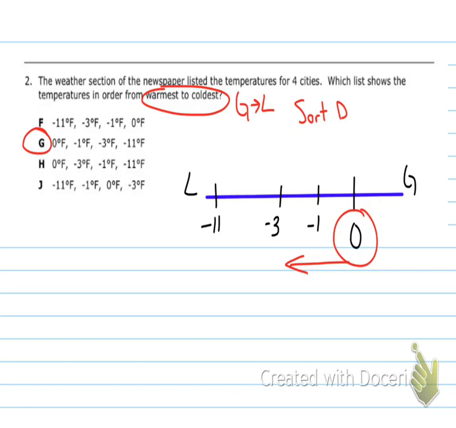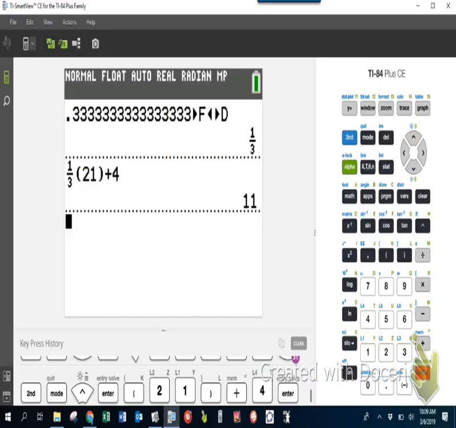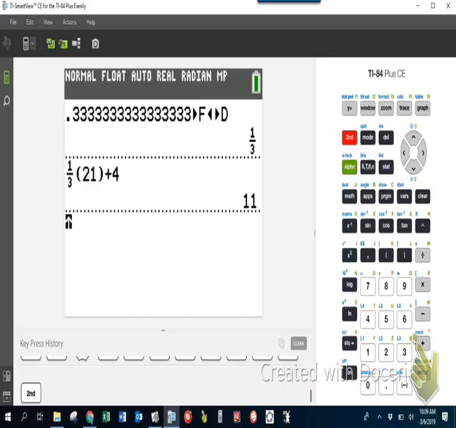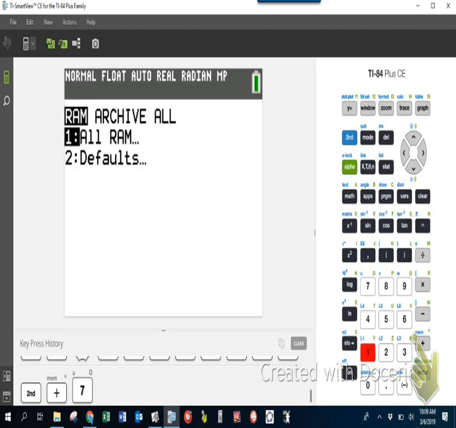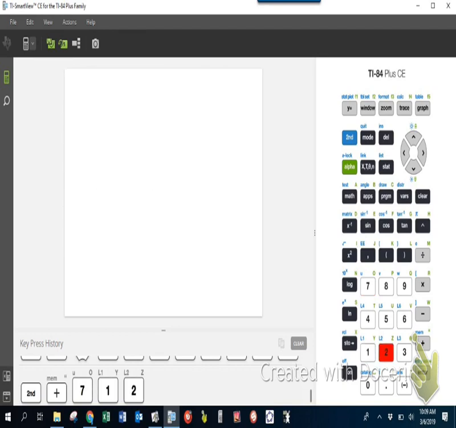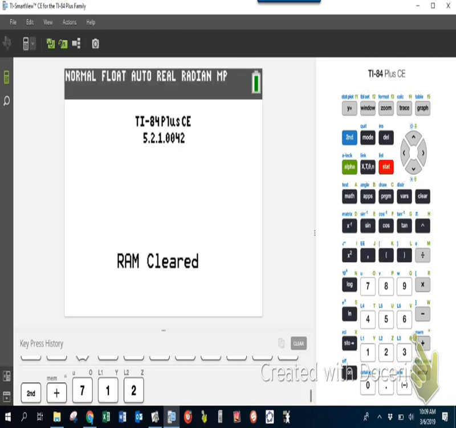Now, what is sort D? Okay, so here is sort D. Let's just get whatever answer choice. They're all the same numbers anyways. And you're going to go to your, let's reset the calculator just to be safe. And when I say sort D, you're going to go to your stat edit menu. All right, there you go.